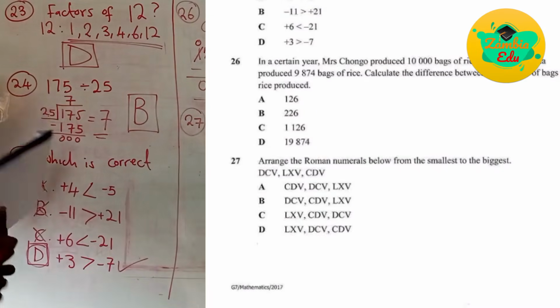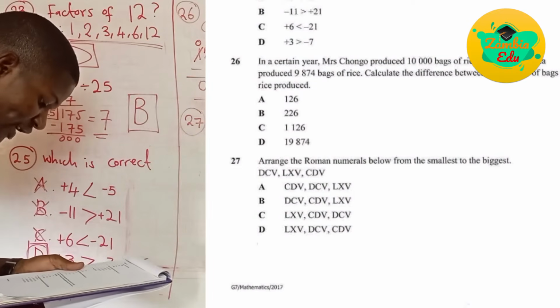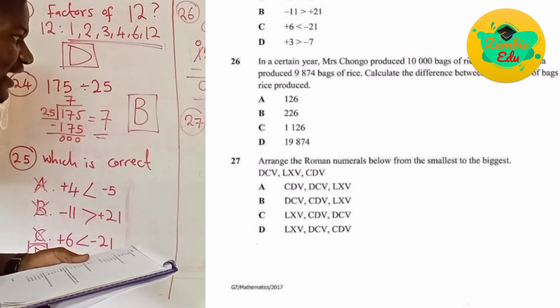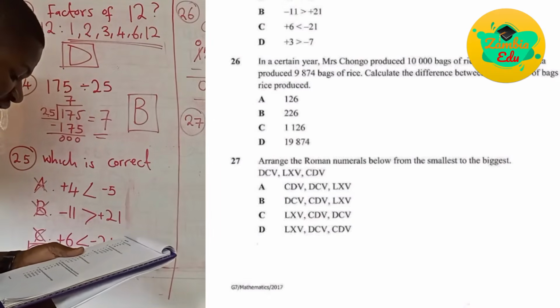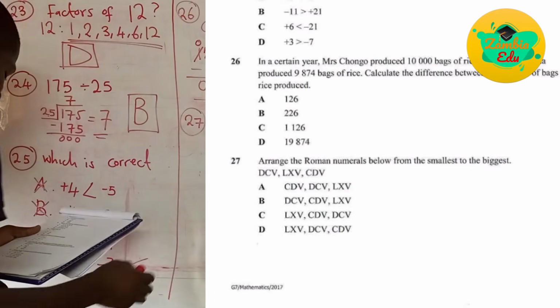Question 27 says, arrange the Roman numerals below from the smallest to the largest.